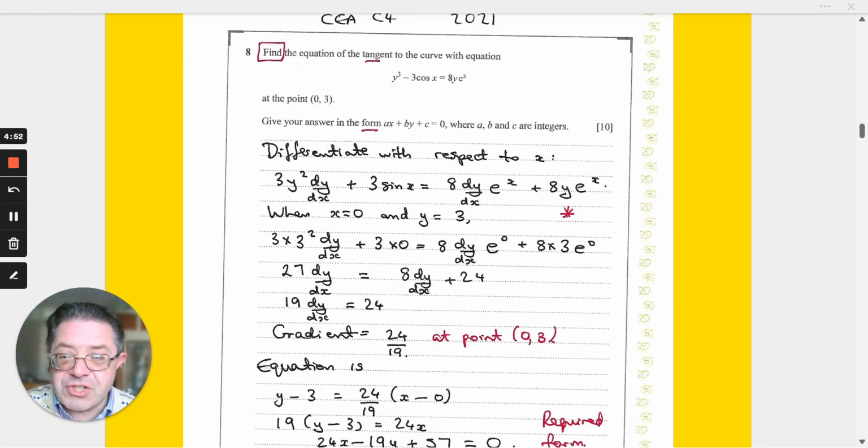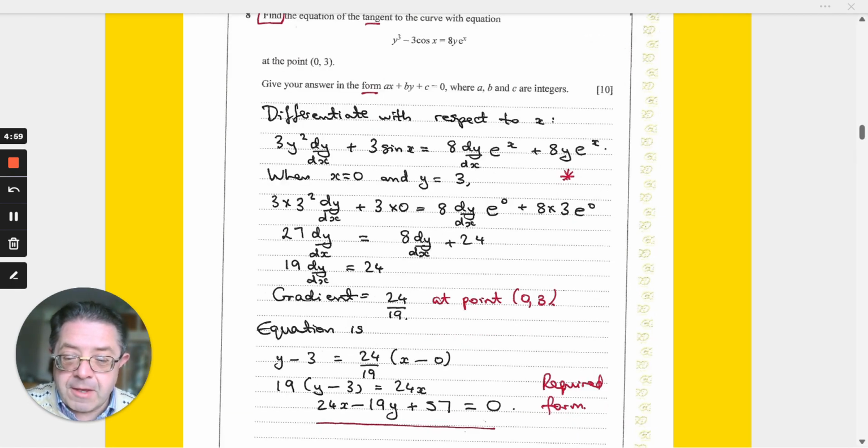So I want the equation of the line with gradient 24 over 19 and through the point (0, 3), which is this here, and it needs to be in the required form, which is 24x, take 19y, add 57 equals 0. Do remember to put it into the correct form. We need a, b and c to be particular integers.